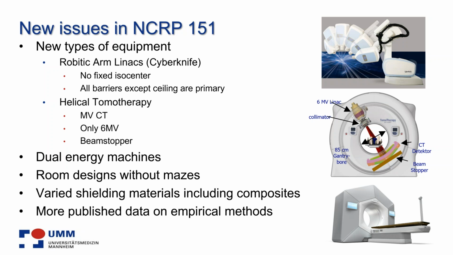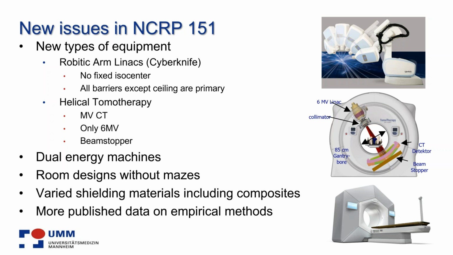And if you remember also from the diagnostics, if you have more degrees of freedom, the radiation protection situation from the constructional part is more complex. And you have a really complex situation for the CyberKnife, because all barriers except the ceiling are primary, so you have a higher shielding.